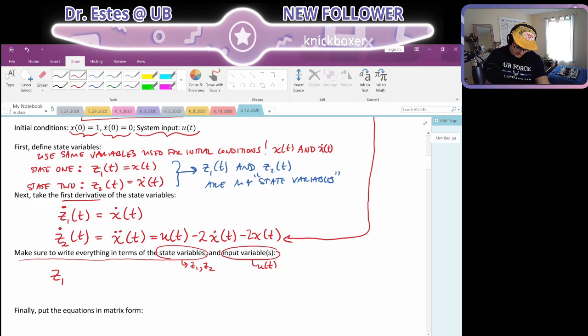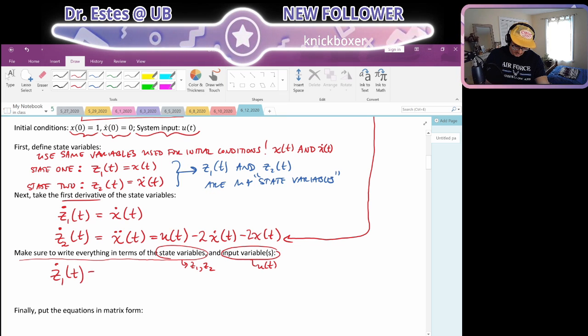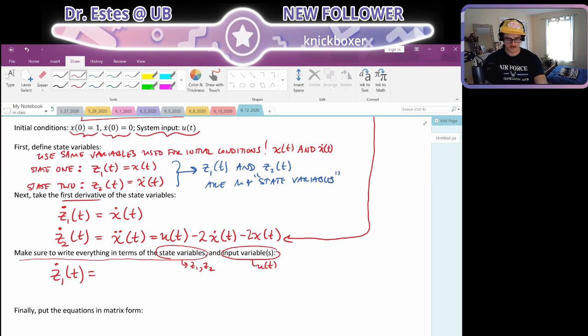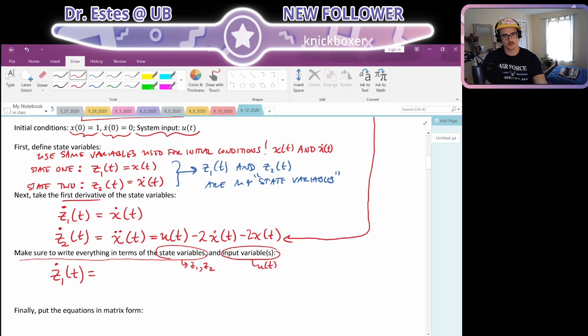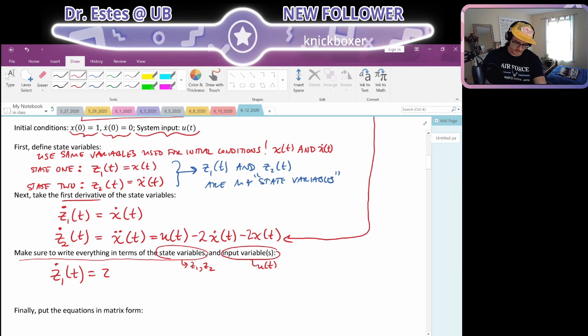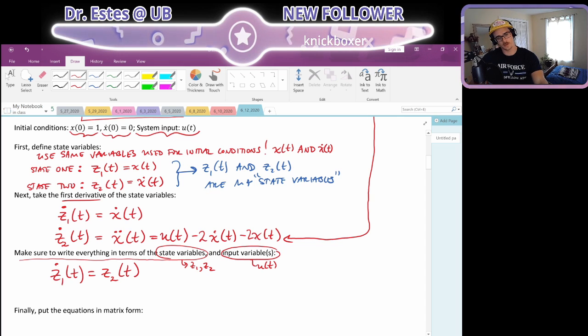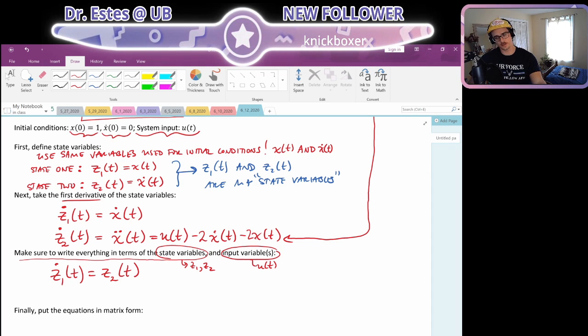So z1 dot of t, instead of having it equal to x dot, I defined z2 up above to be x dot. So instead of writing x dot, I'm going to say z1 dot is actually equal to z2. So now that first equation is in terms of purely state variables, z1 and z2.